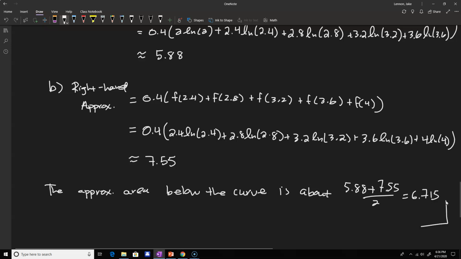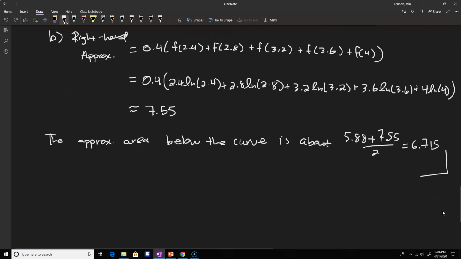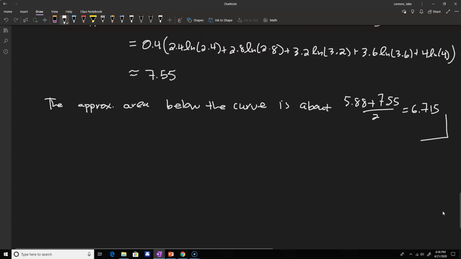And that would be a good approximation for the area there. So maybe we can make an observation. When is it going to be the case that the left area is smaller than the right area, or when do we know when one of the averages is going to be greater than the true value or less than the true value in terms of those areas?